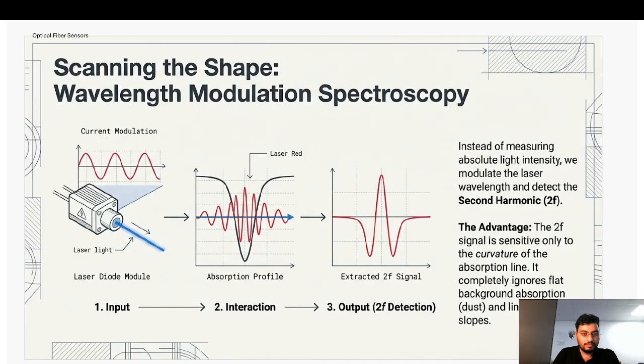Then wavelength modulation spectroscopy we also need to discuss a little bit, with the laser diode module and the absorption profile.